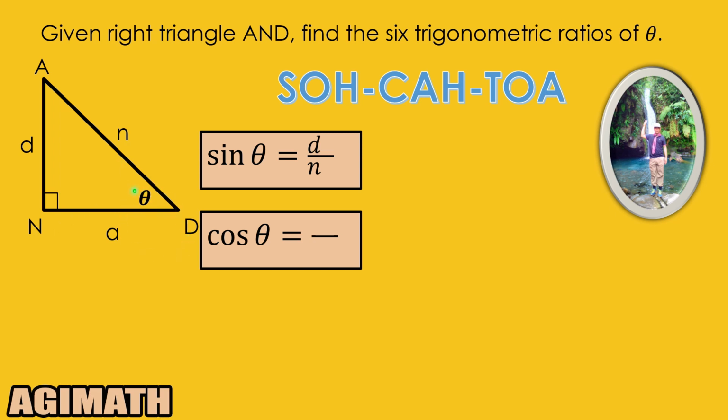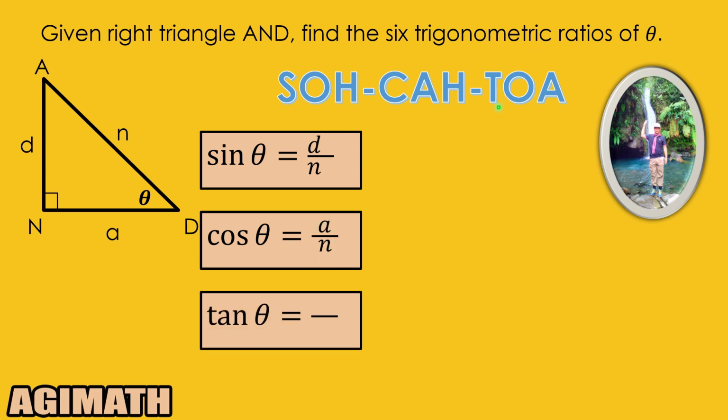Actually, there are two sides, but one of the sides is the hypotenuse, so that is out. So this is the adjacent side, which is represented by A. And then the hypotenuse, again, it will not change, that is N. So cosine theta is equal to A over N.